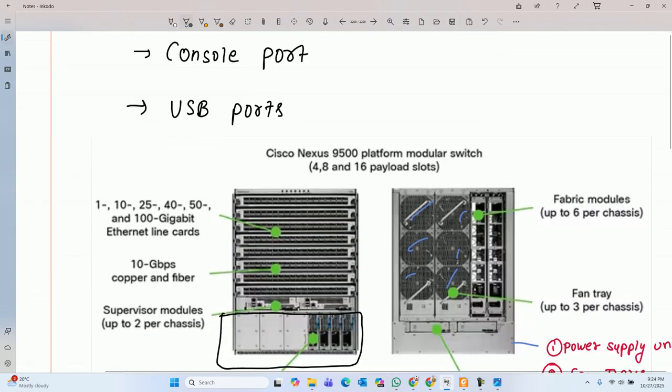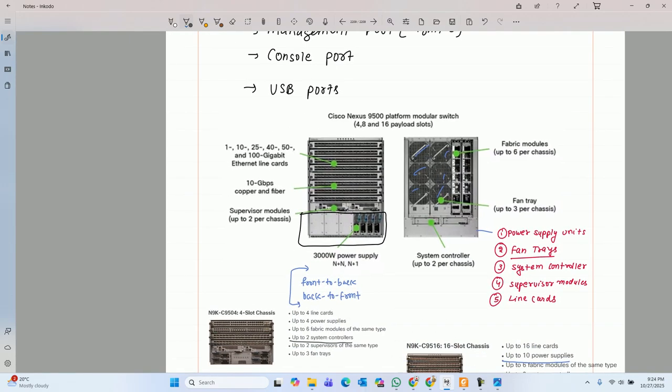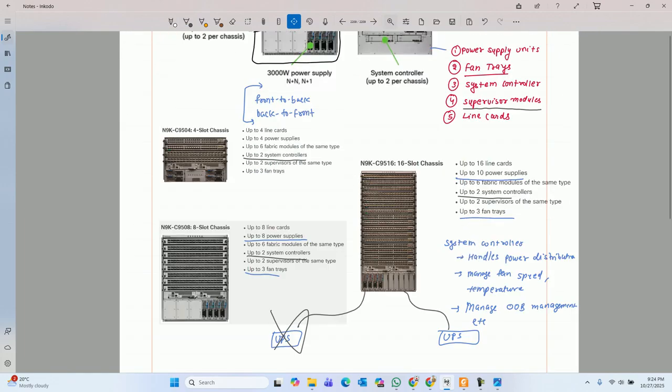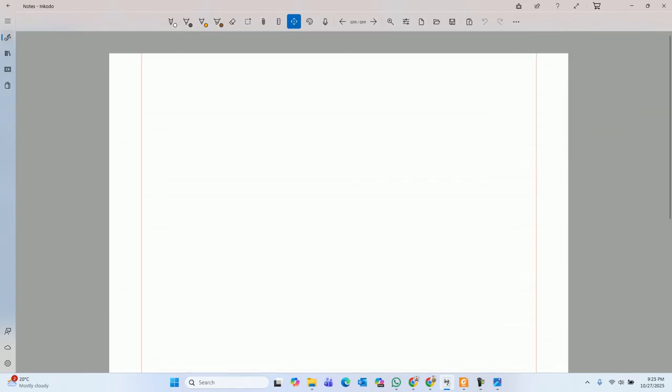Then similar to the system controller, you have one more component which is known as the supervisor module. So what is this supervisor module doing here?